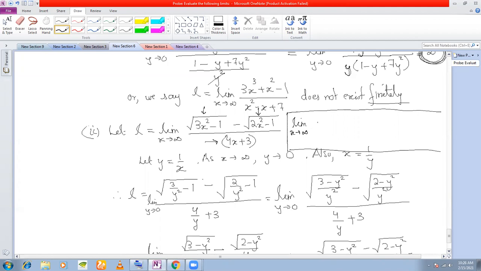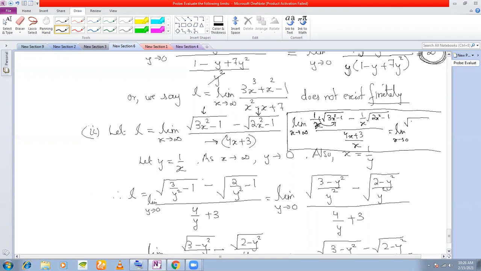Limit x tends to infinity. If you divide the numerator and denominator by x, you get 1 by x root 3x square minus 1, minus 1 by x root 2x square minus 1, divided by 4x plus 3 divided by x, isn't it? This is what you will get. Now when this 1 by x enters inside the radical sign, it will become a square.